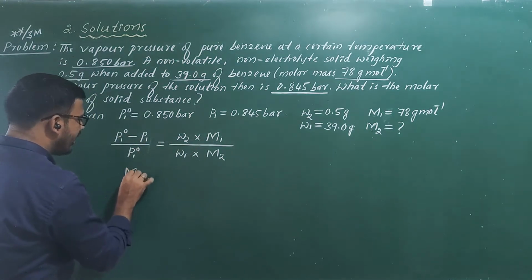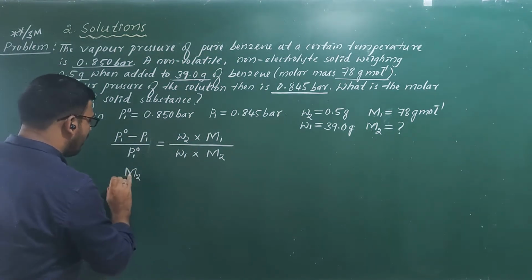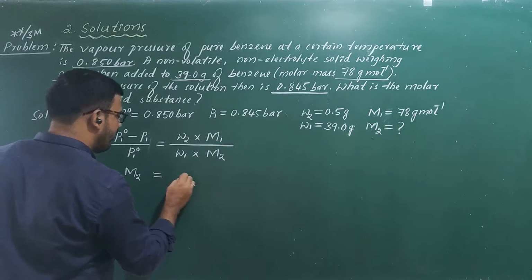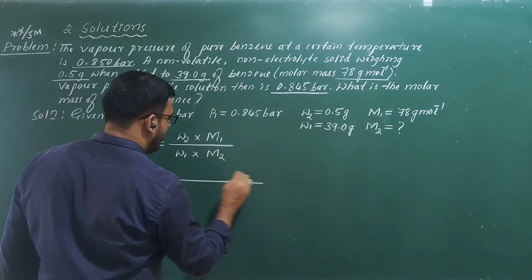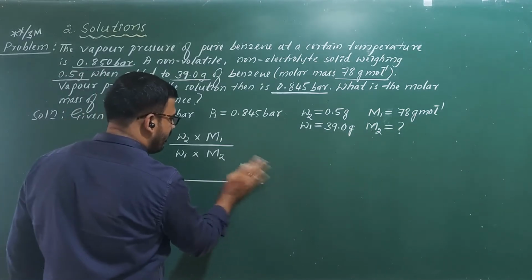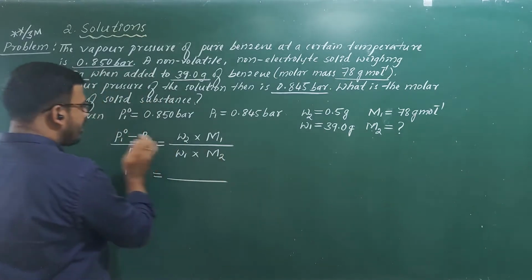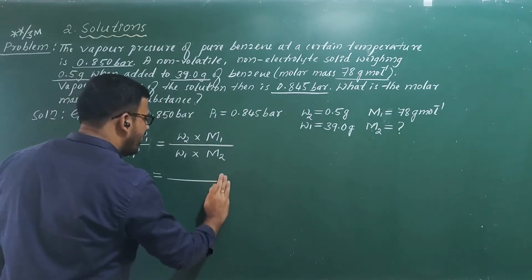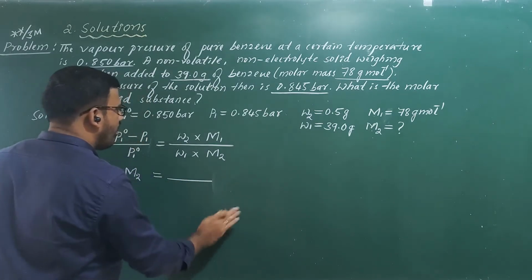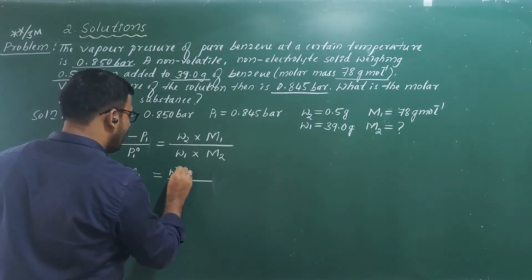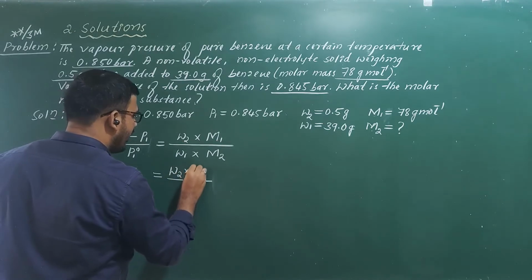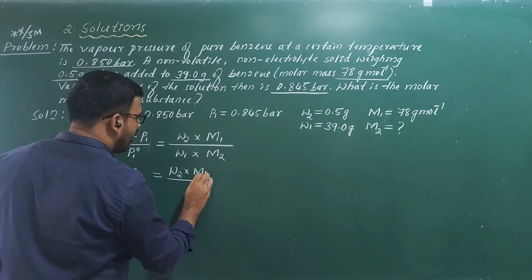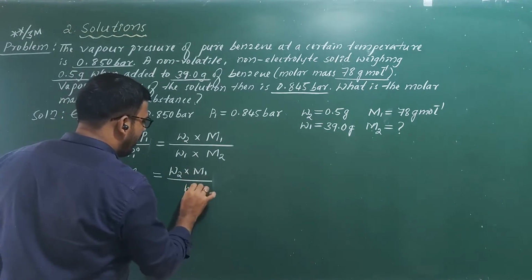So M2 is equal to, keep M2 as it is, take this M2 this side. So we are left with W2 into M1 divided by W1.